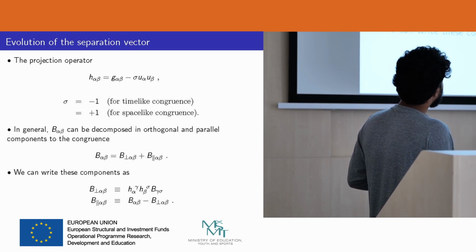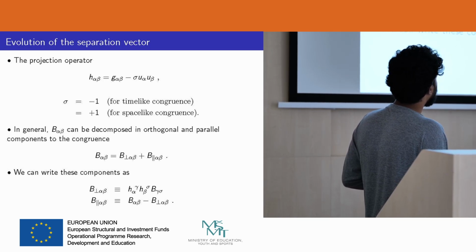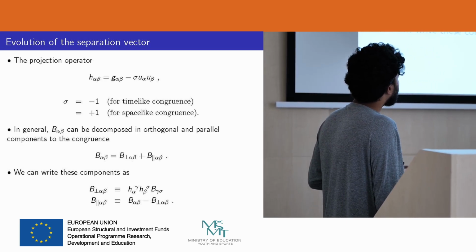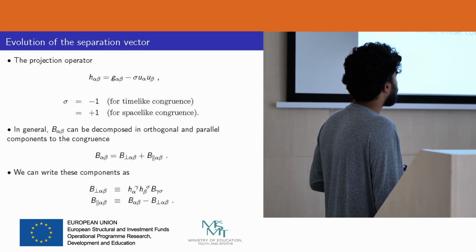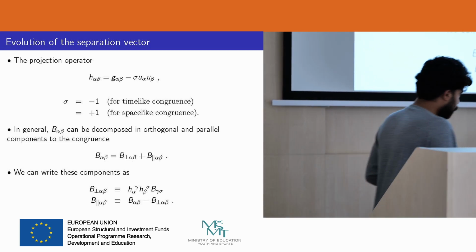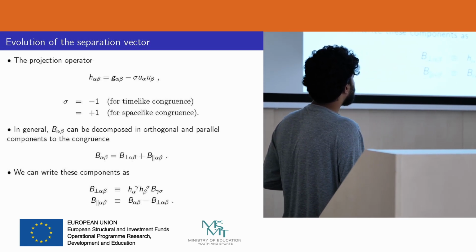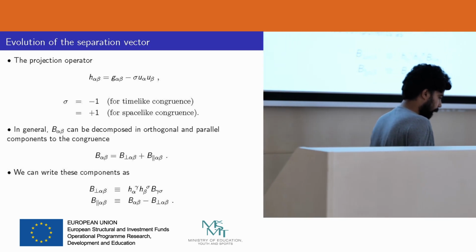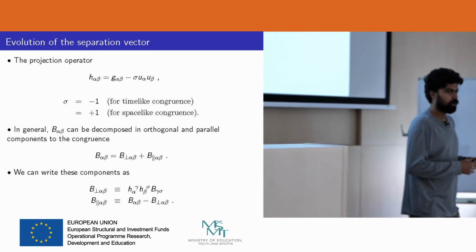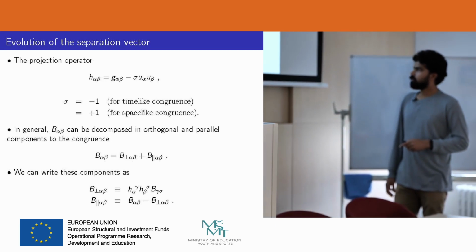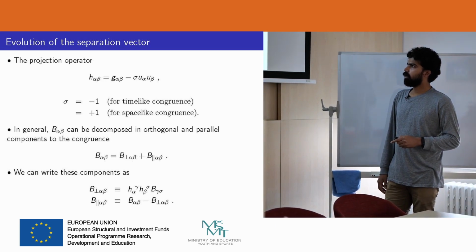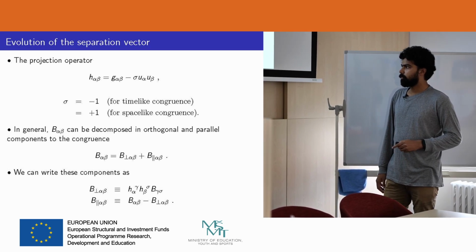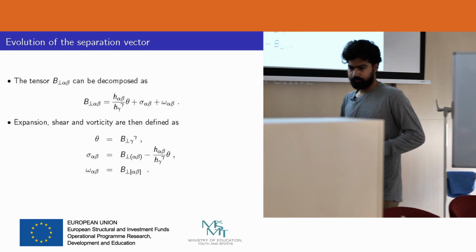So we will see in a minute how to get these components for time-like congruences. So we have a perpendicular part and a parallel part. So we can project this B along the plane perpendicular to the direction of flow by using this relation, and using the above relation, we can simply subtract the perpendicular part and get the parallel one.